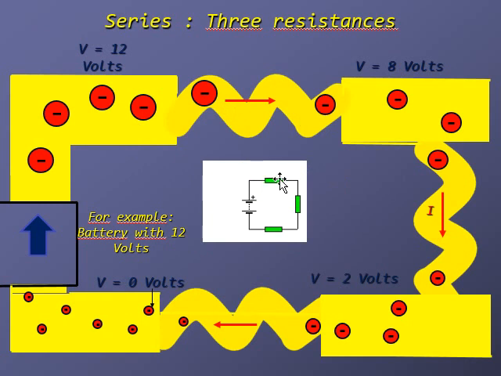So imagine that this is the circuit we have with 3 resistances in series, and we have 12 volts here. They are losing 4 volts in this resistance, so they have 8 volts now. After this resistance they only have 2 volts, and after the final resistance they have 0 volts. They always get with 0 volts to the negative terminal.